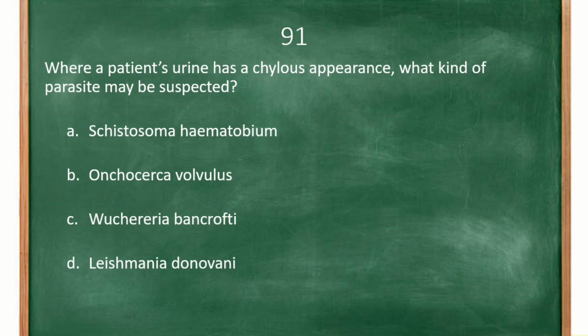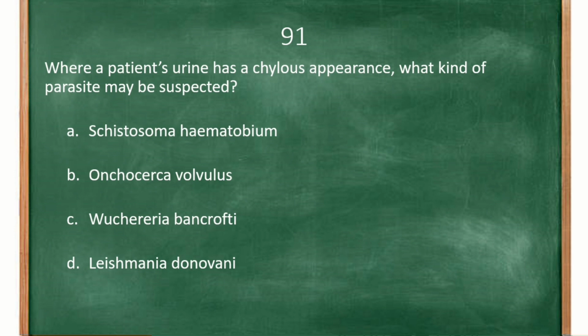Where a patient's urine has a chylous appearance, what kind of parasite may be suspected? A, Schistosoma haematobium, B, Onchocerca volvulus, C, Wuchereria bancrofti, and D, Leishmania donovani.